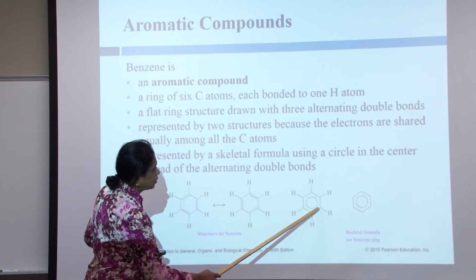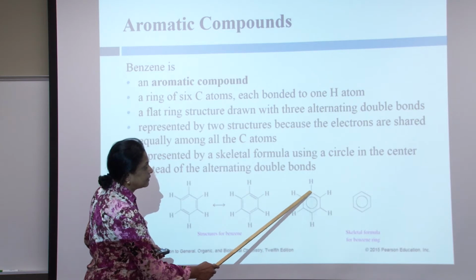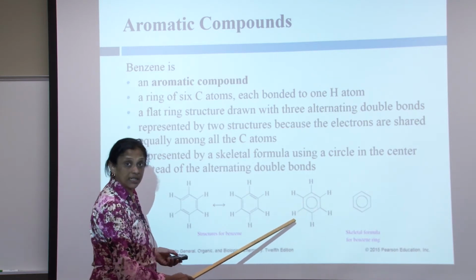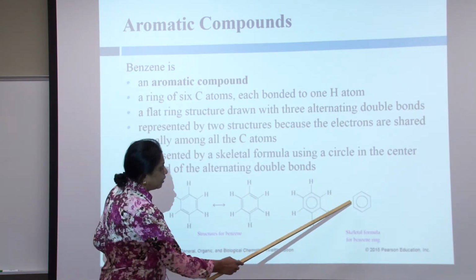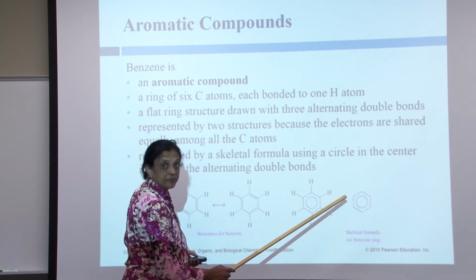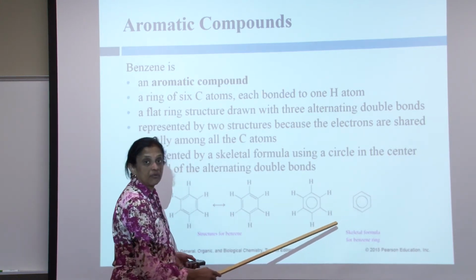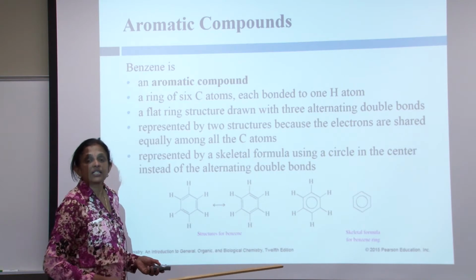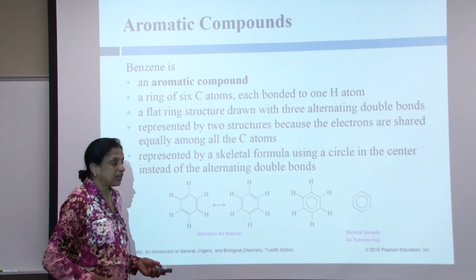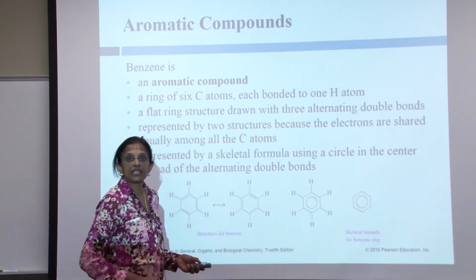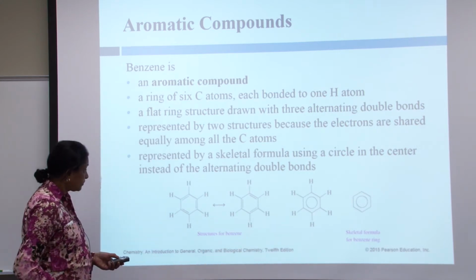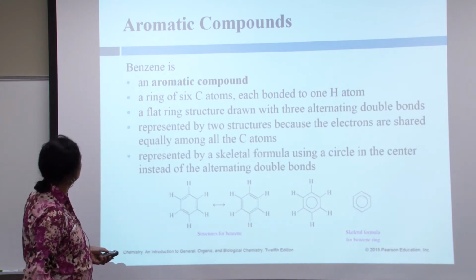You can also draw the double bonds as a circle. So you can see how this is different from cyclohexane. Cyclohexane is a saturated hydrocarbon. You do not see a double bond in cyclohexane. So this is benzene.